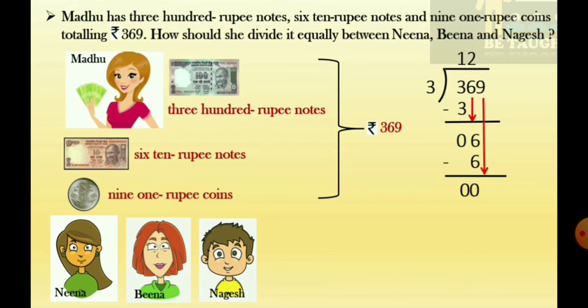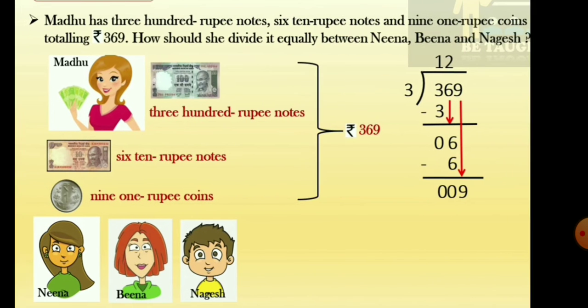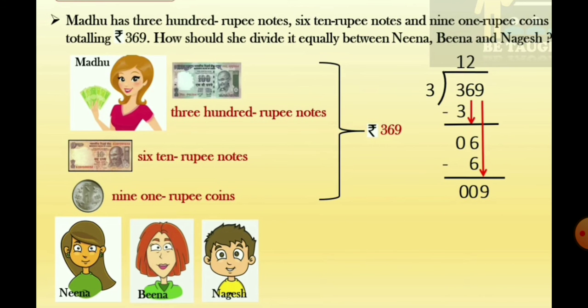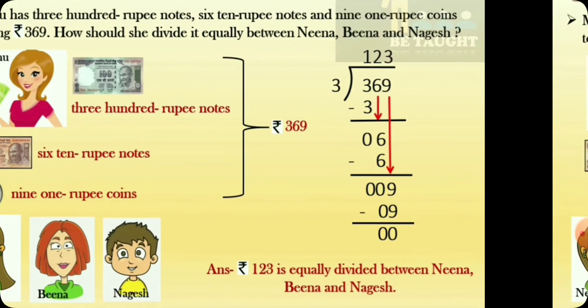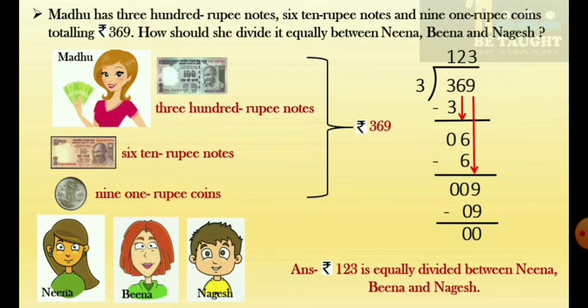Okay. Now I move to the next number, that is 9. So 9 I carried down with the help of the arrow. So how many 3s are in 9? In 3 table, 3 threes are 9. So I wrote here 3 threes are 9. So 9 minus 9 is my 0. So my remainder is 0.